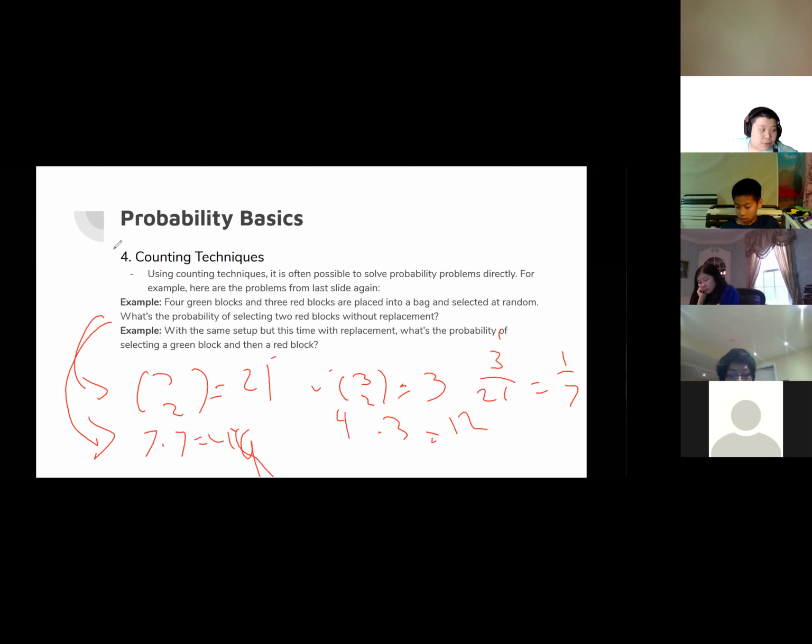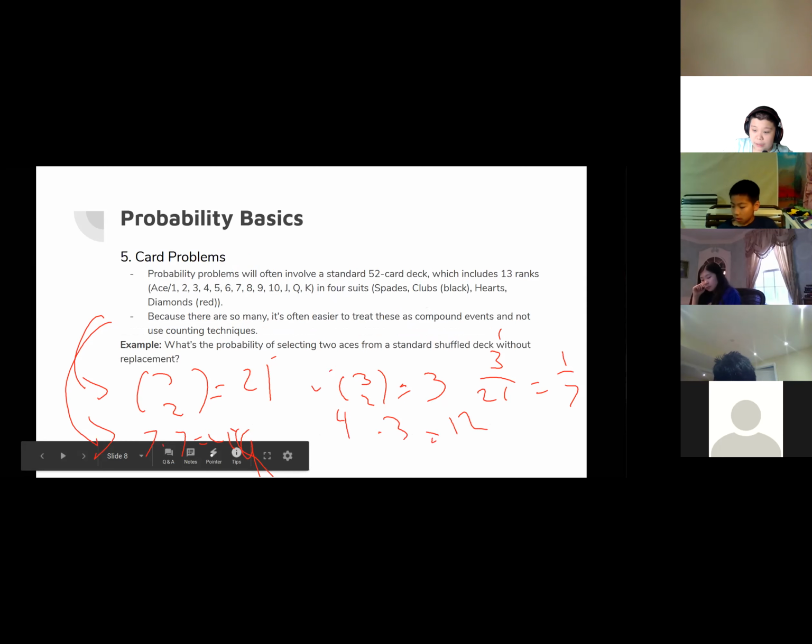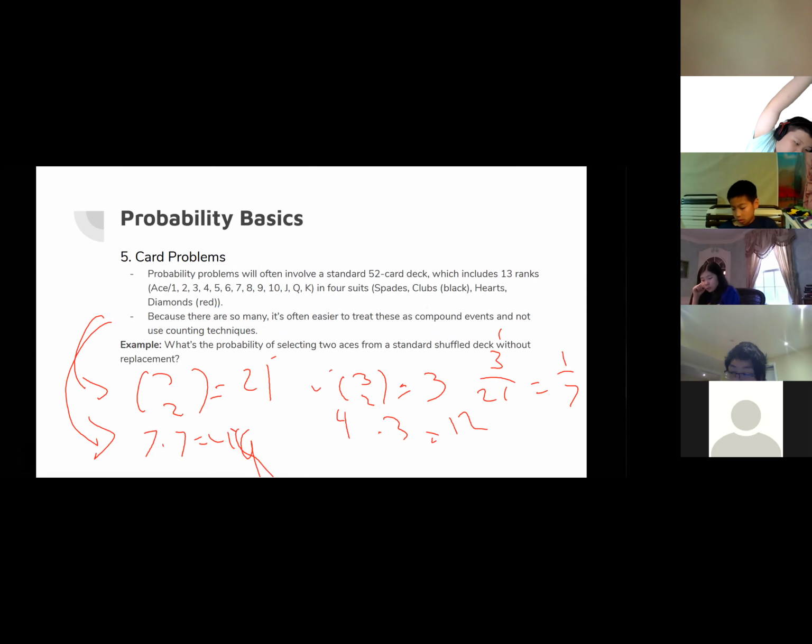So does anyone have any questions about these probability basics so far? Because we're going to talk about another common type of probability problem now, which is card problems.